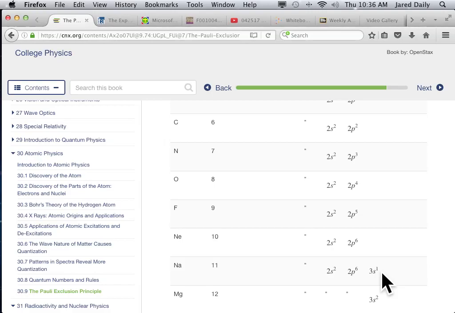And then sodium would be what? Third row, S1, right? And so for sodium, you get 1s2, 2s2, 2p6, 3s1, right?